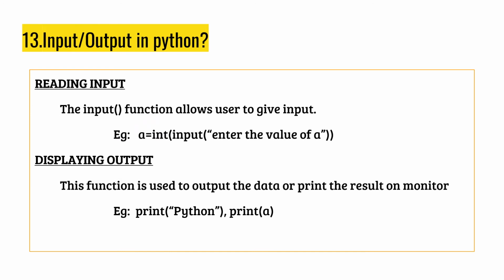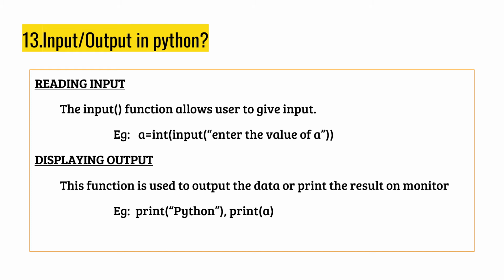The next important question in the series is how Python deals with input and output. Let us talk about input first. In a programming language, there are two ways of giving input. One is by assigning the value ourselves in the code itself, like A equal to 5, B equal to 10. There is another way.